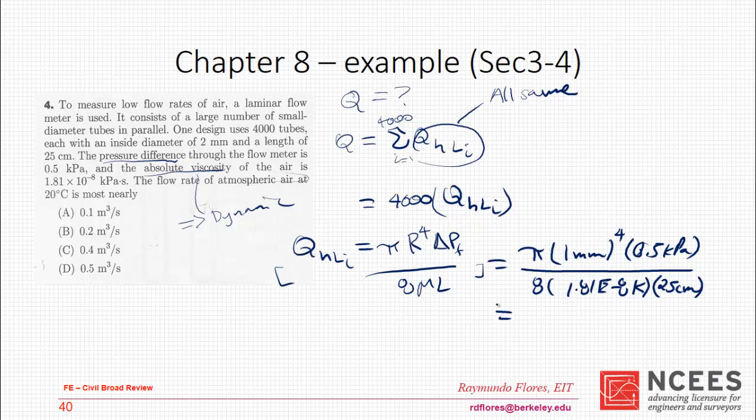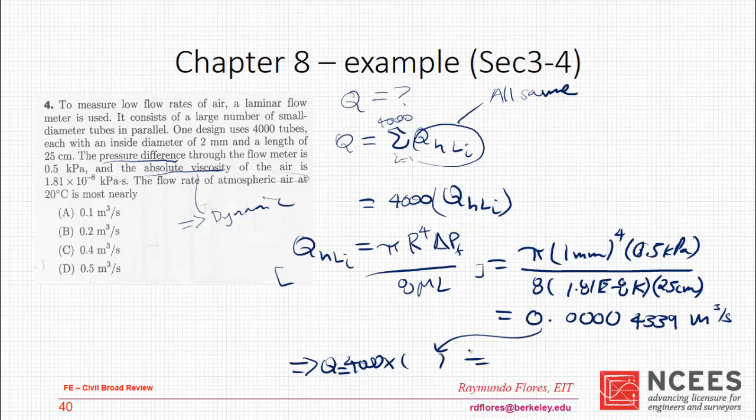It's going to be 0.123443339, and that's discharge in meters cubed per second. So if we take Q, it's going to be 4,000. Remember, it's 4,000 times this number.